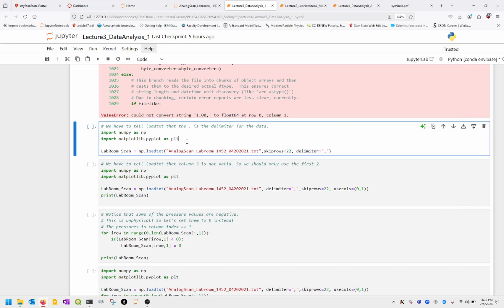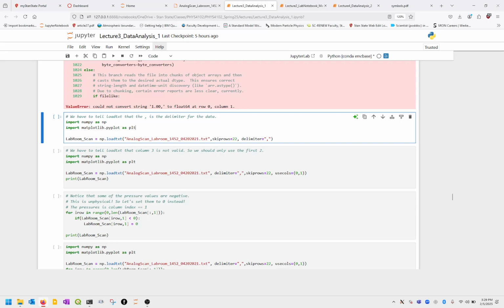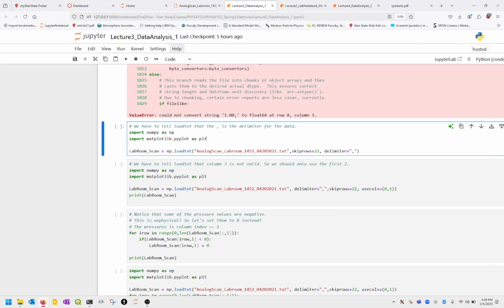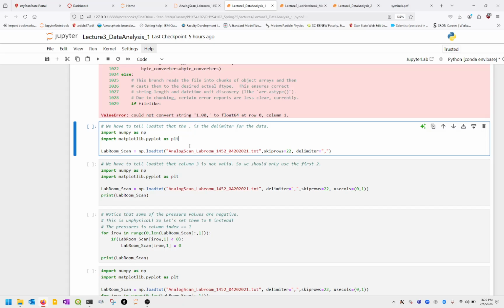Anyway, since we have a comma here, we can tell Python, in addition to skipping the first 22 rows, that the thing that separates the numbers is this comma, and don't think of it as a word. Guess what's going to happen now? It's going to be great, right?